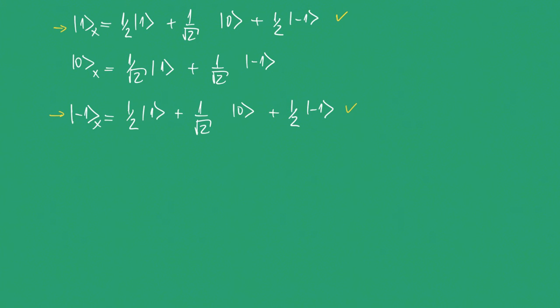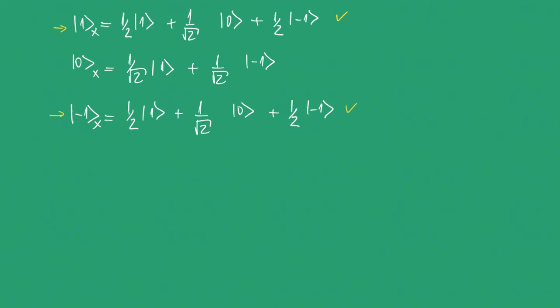The overall phase of a quantum state vector is physically meaningless. Only the relative phase between different components of the state vector is physically measurable. Hence, we're free to choose one coefficient of each vector to be real and positive, without loss of generality.